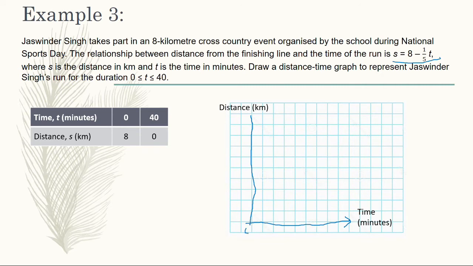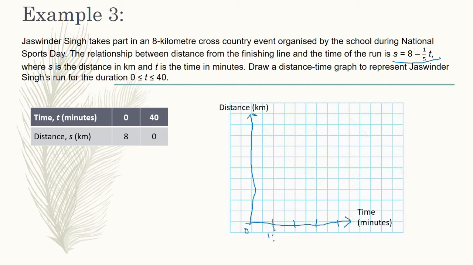Start with 0. Make sure you use a ruler, because I don't have a ruler provided here. Then make sure your scale is uniform. The scale that we have is 0 to 40, so I can make a range of 10 in between.